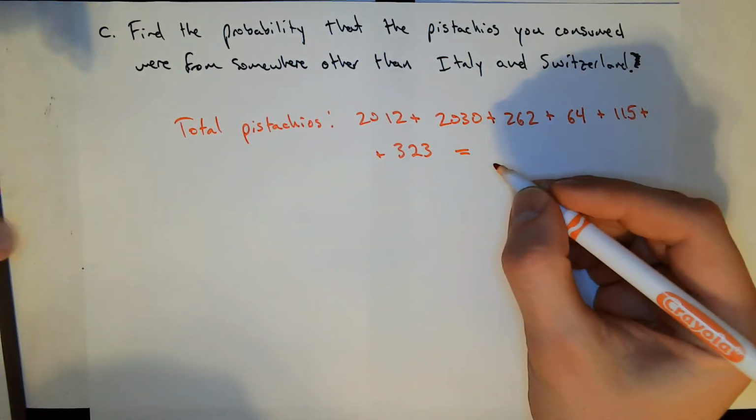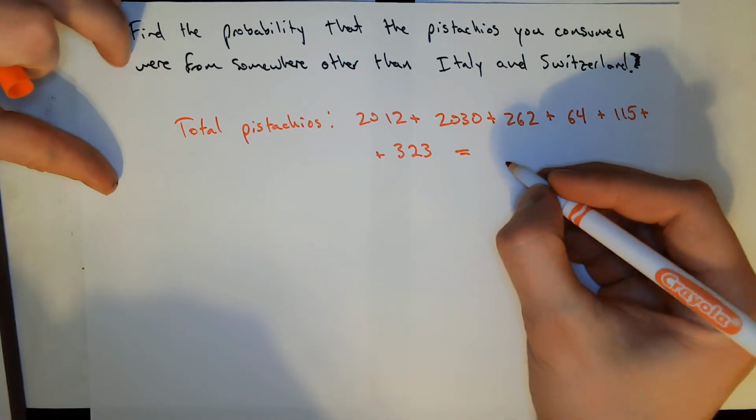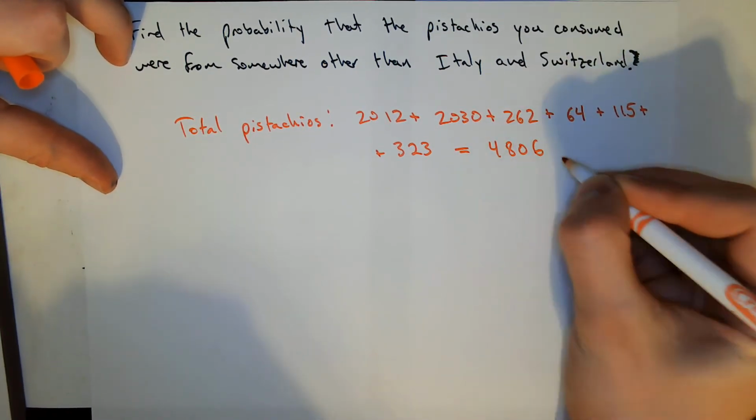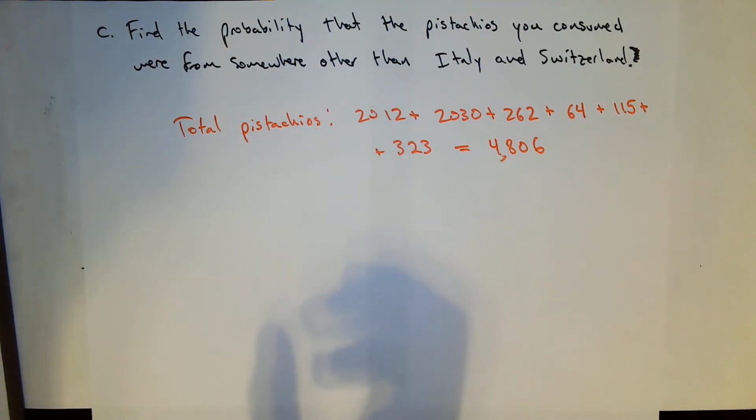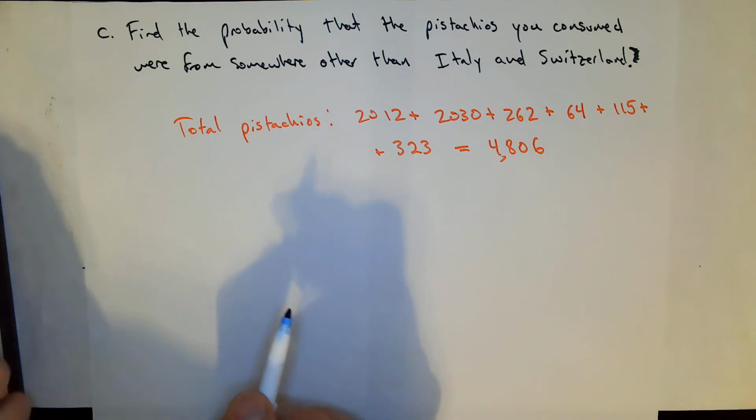And this is giving me a total of 4,806 total pistachios.